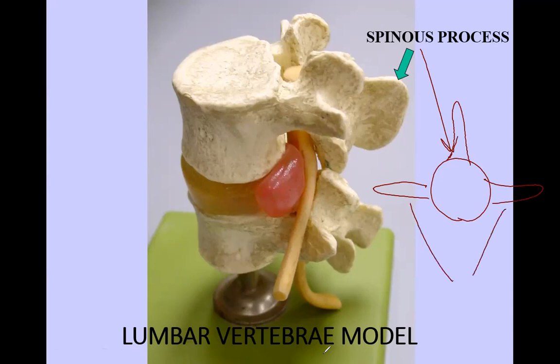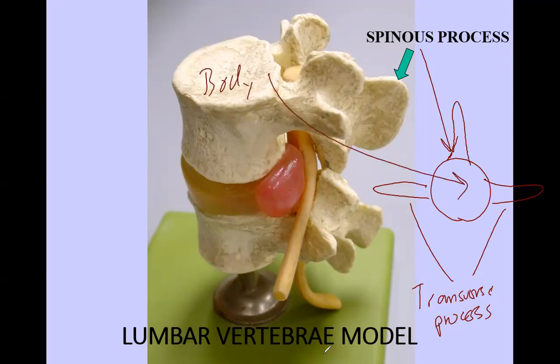On the side, these 2 here are called the transverse processes. This is the body, as we're looking straight down upon it. And there's an opening right here for the spinal cord to go through.